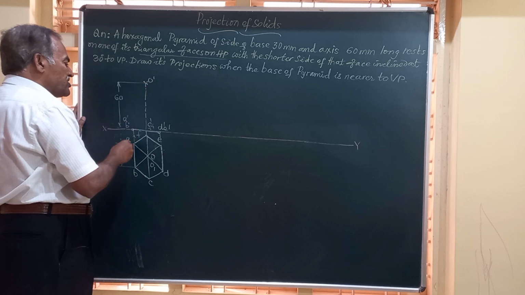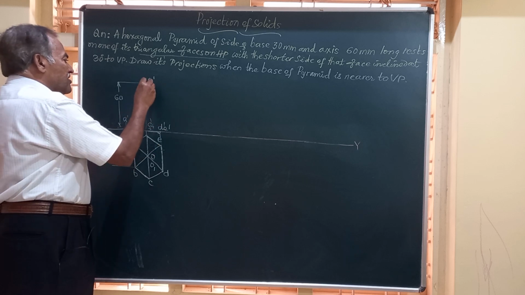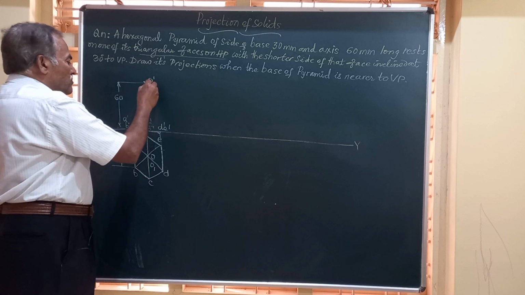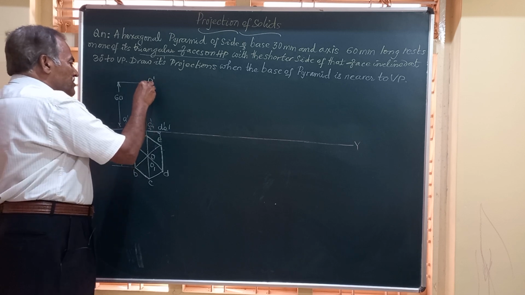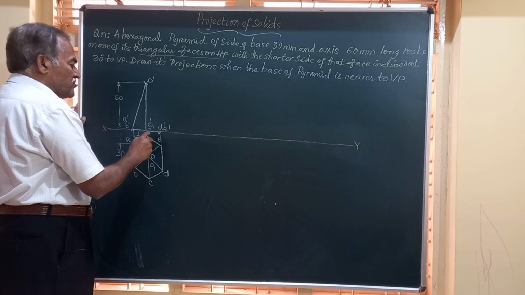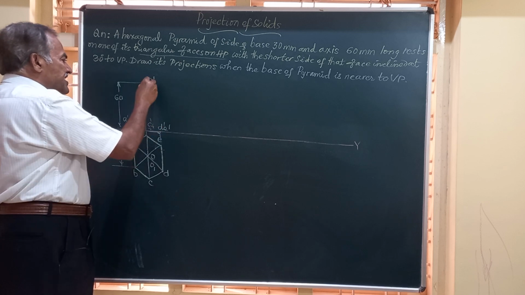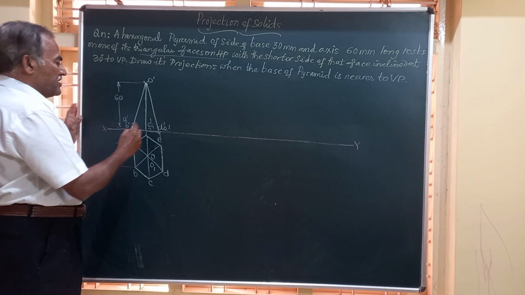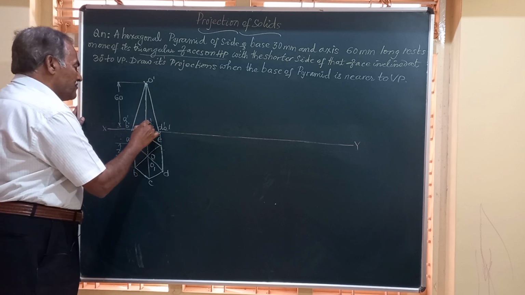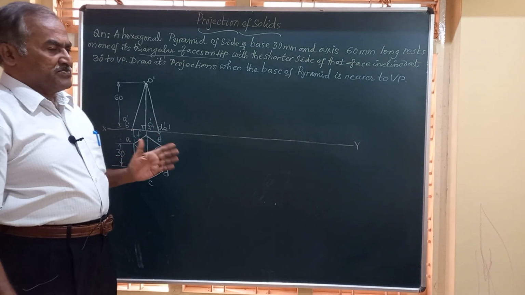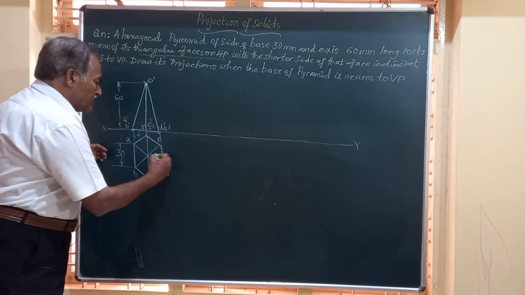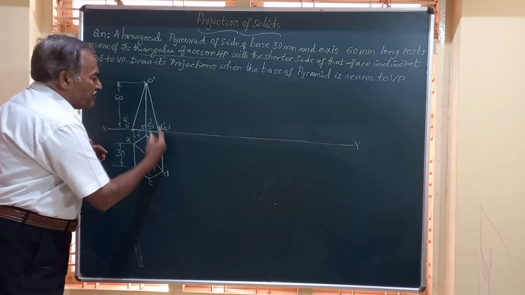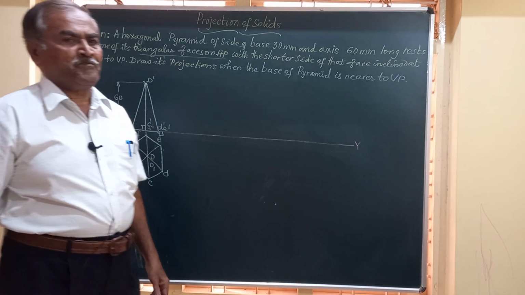So O dash is joined to A dash, B dash, C dash, F dash, D dash, and so on. So this is how, friends, the pyramid looks in the front view, when the solid is resting with one of the shorter edges of the base perpendicular to VP.